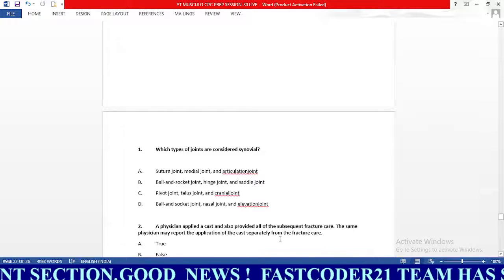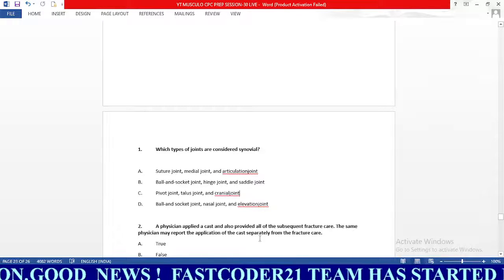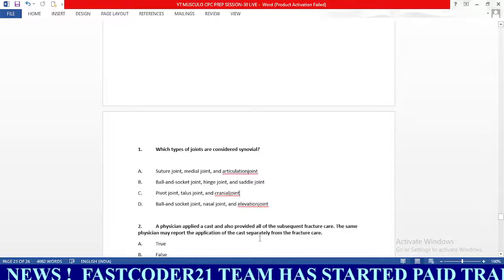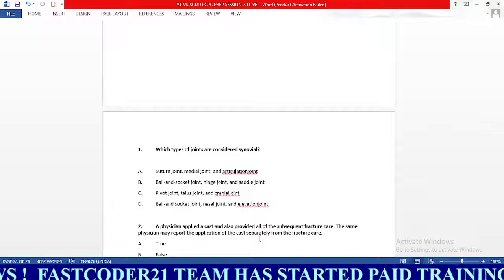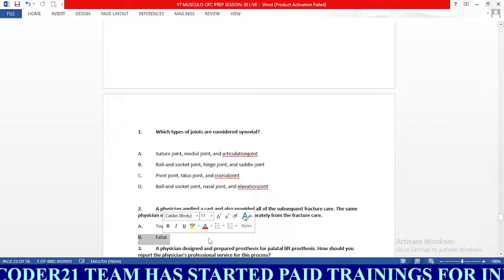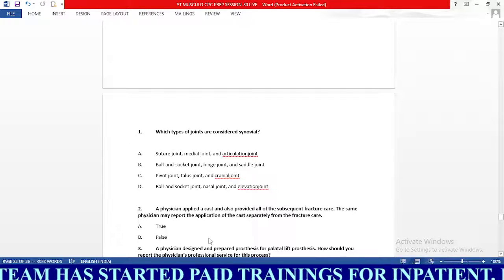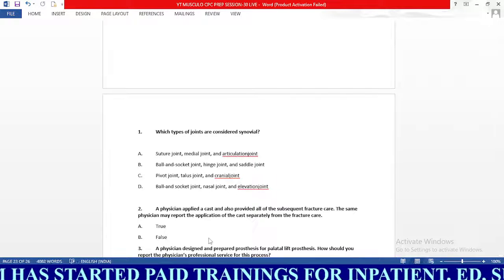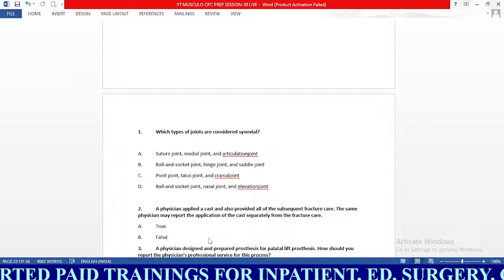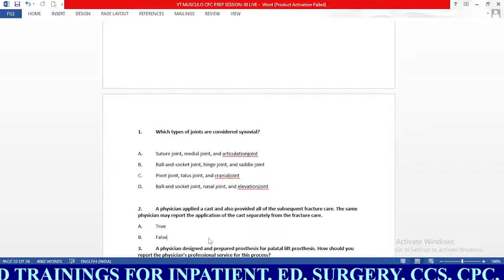So we do not need to code fracture care and cast separately, as casting application is included in the fracture care. So our answer is B here. Physician no need to code cast application along with fracture care, as cast application is included with fracture care.